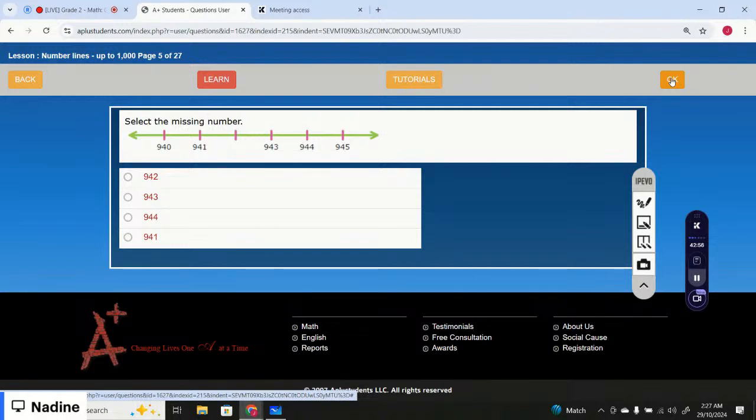Option number 1 is the correct option. The missing number is 942.